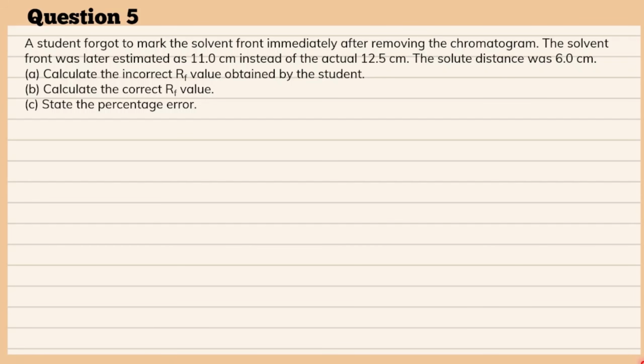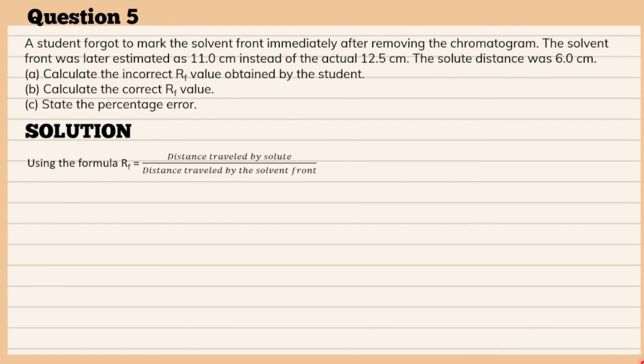So the incorrect RF value would obviously be the solute distance divided by the incorrect solvent front. So using the usual formula, that's 6 cm, the distance traveled by the solute divided by the incorrect distance traveled by the solvent.